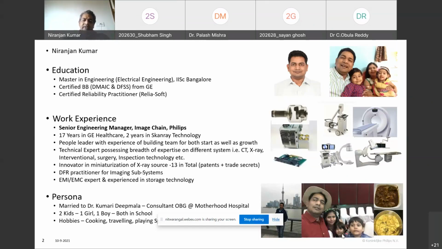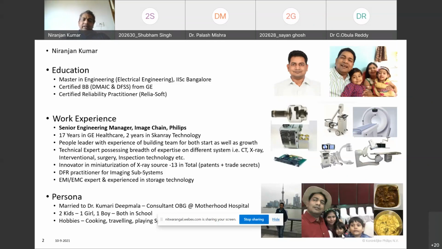I'm a very extrovert person. I love traveling and cooking, and most of my experience is in X-ray generation: 17 plus years at GE Healthcare, 2+ years at Scanray, and some time at Crompton Greaves.